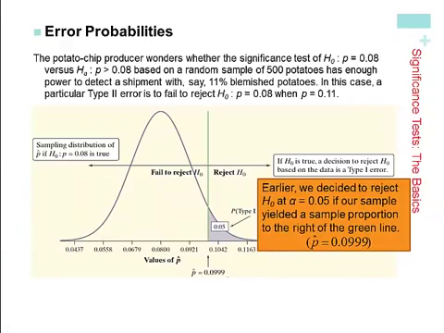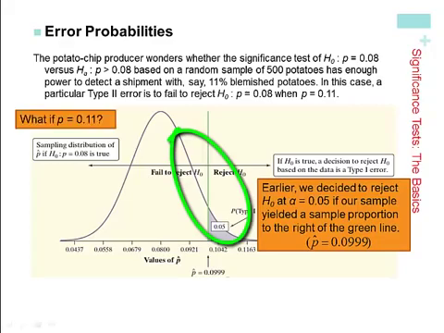So earlier, we decided to reject the null hypothesis at alpha equal to 0.05 if our sample yielded a sample proportion to the right of the green line. Remember, our p-hat value was 0.0999. That's where we rejected if 0.08 was actually true. What if p is actually equal to 0.11?